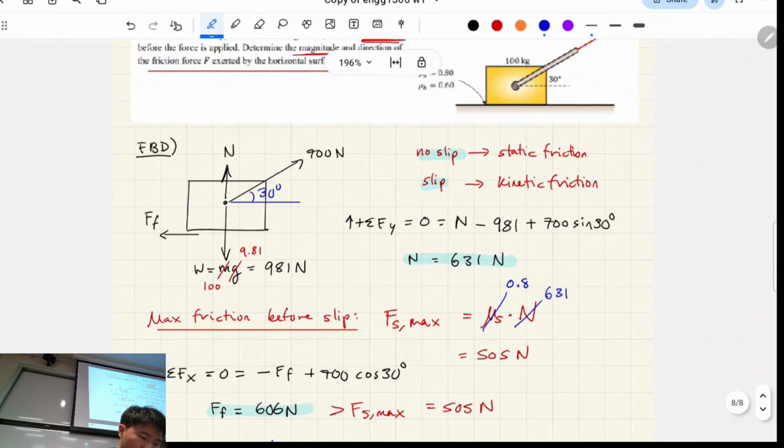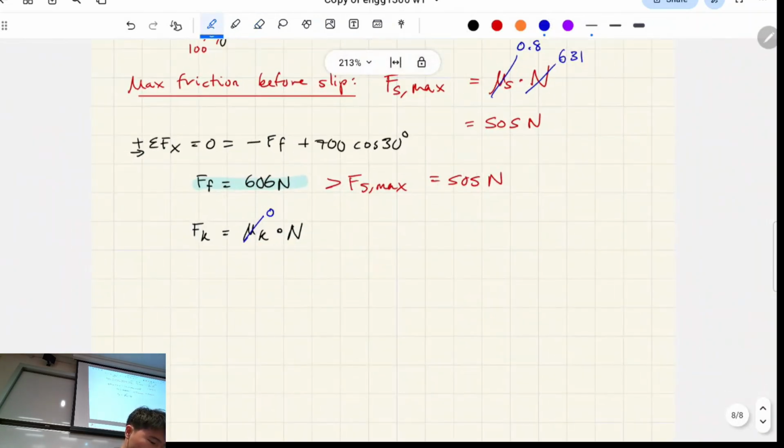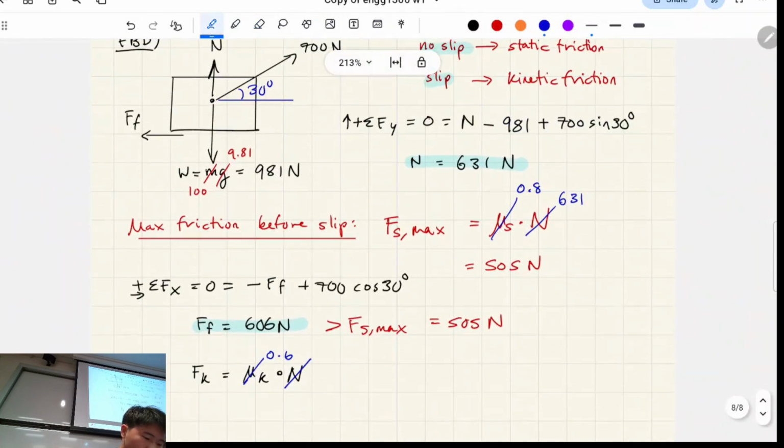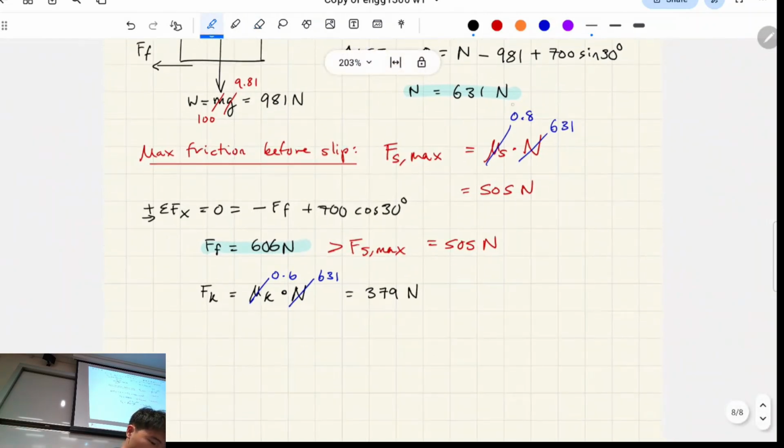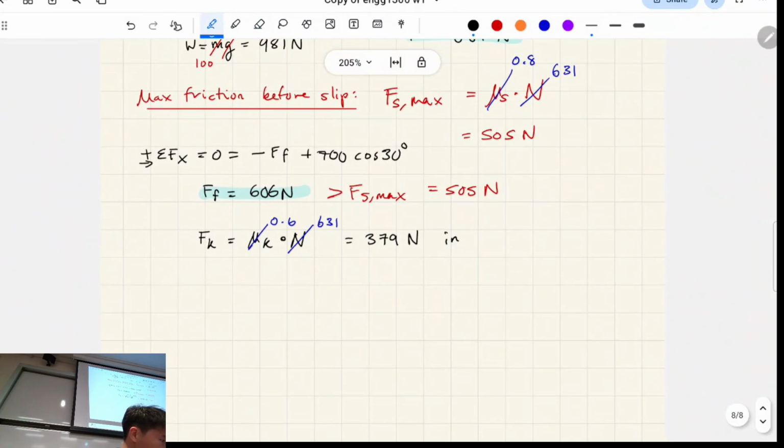So all we need to do for that is we use our kinetic friction constant, multiply it by the normal force, yeah.